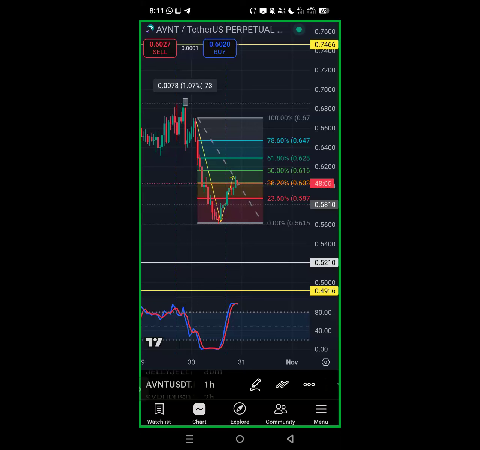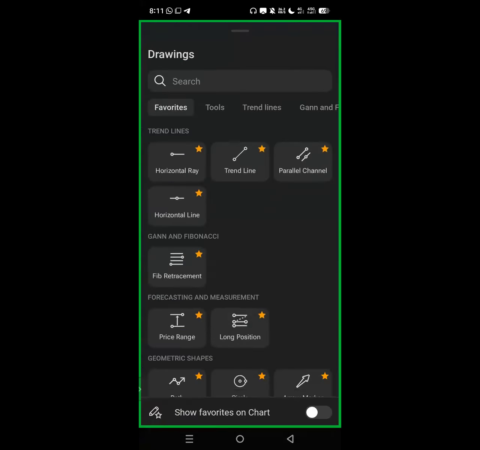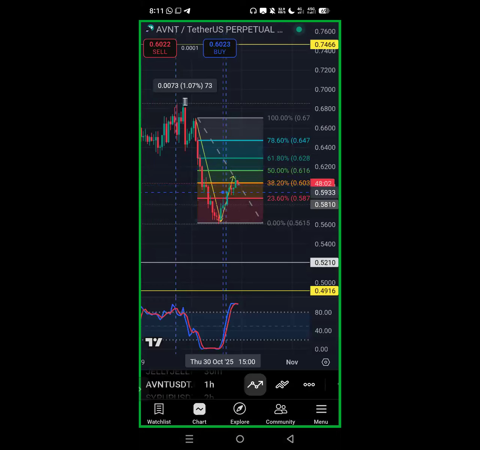And if the price does not pull back to the 38.2% and then continues down, you'll be looking at the 50% fib level, or even the 61.8% fib level before the price can actually go down.